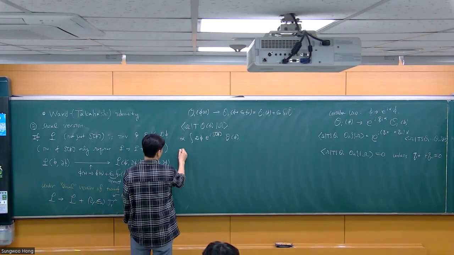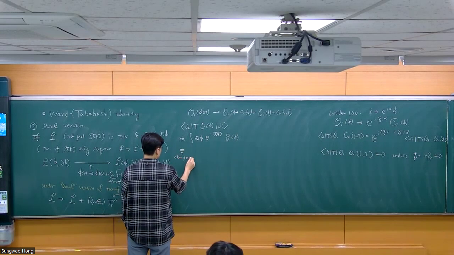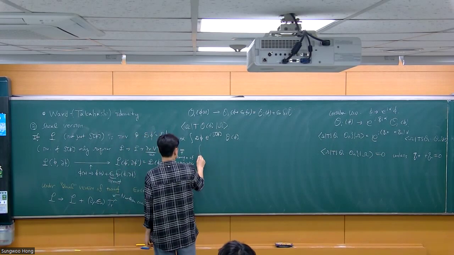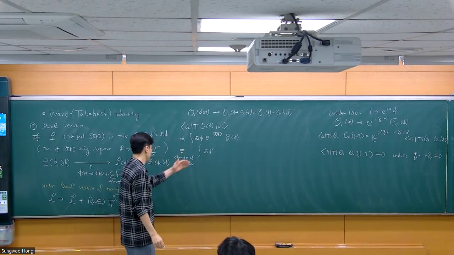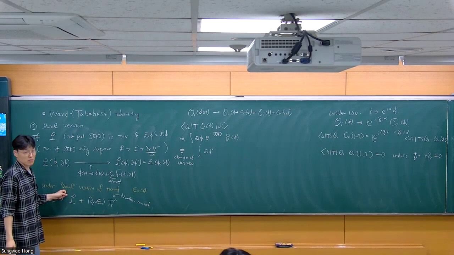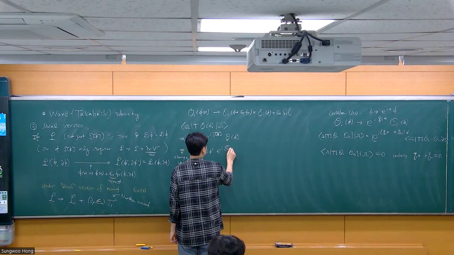Just like before, I'm going to make a change of variable. I know that it must be equal to the previous expression. I'm just writing phi prime. Now I'm making a change of variable in the form of a local form of the global symmetry transformation.